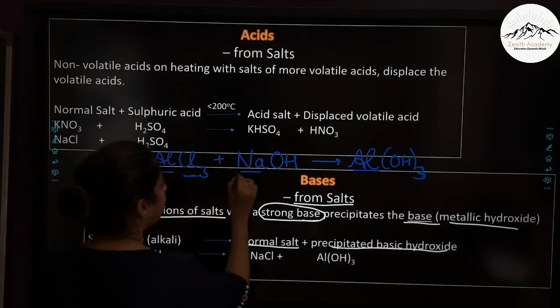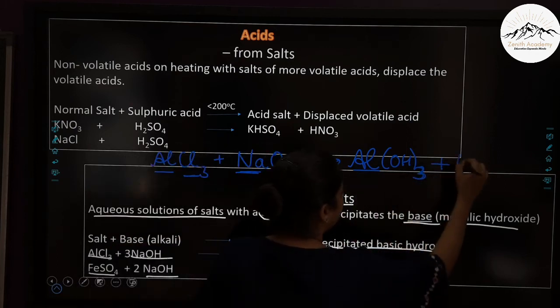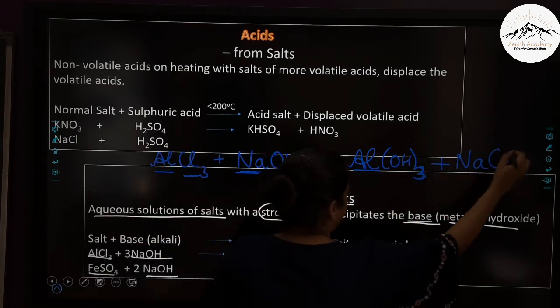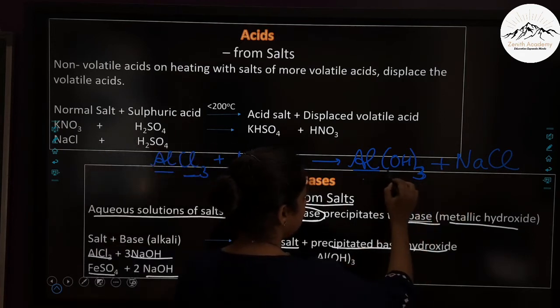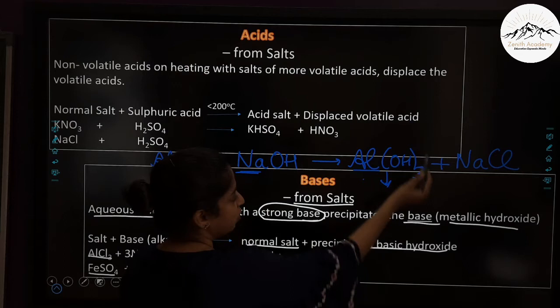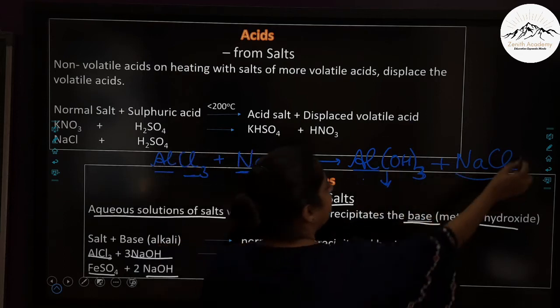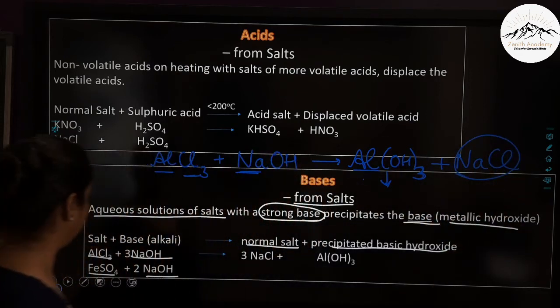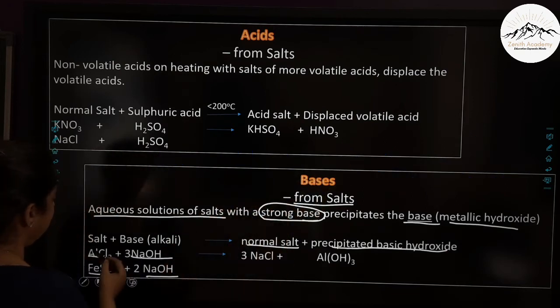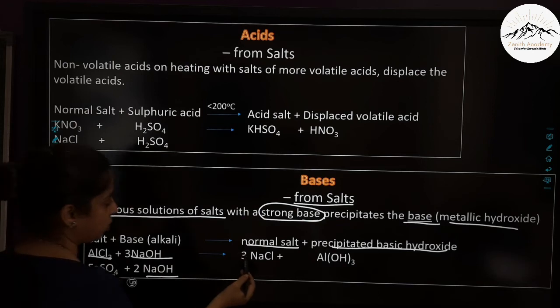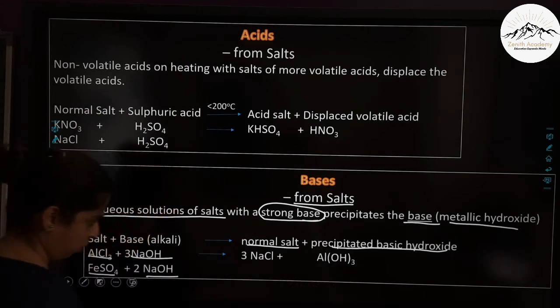Now chlorine and Na will react to form NaCl. So here you can see that it has precipitated a base. This is a base which is a metallic hydroxide, and a normal salt. And then you balance it. I have not balanced. So you can see AlCl3 plus NaOH has formed NaCl and Al(OH)3.